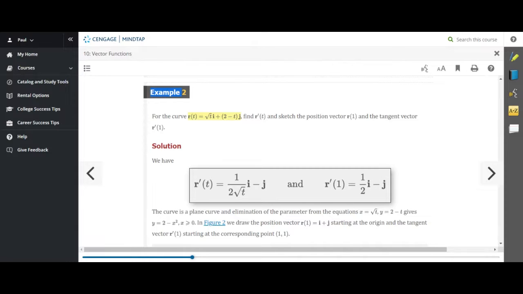But what's r of 1 equal to? If you put t equals 1 in the space curve, what do you get for your coordinates? So when I say the space curve, I'm talking r of t.